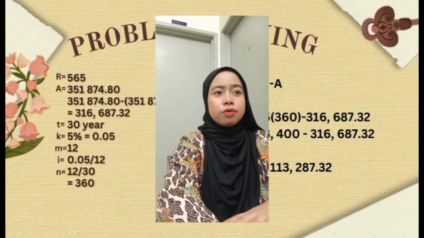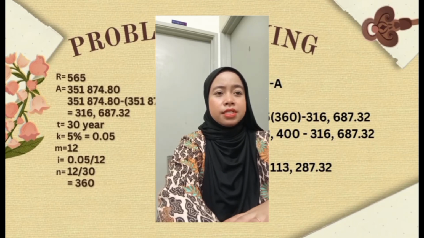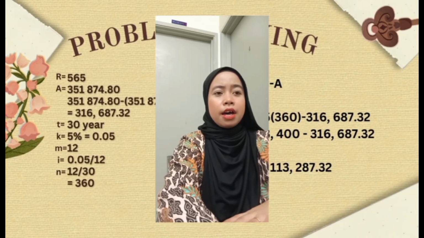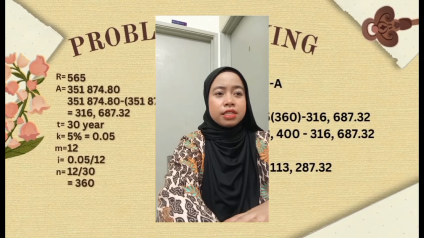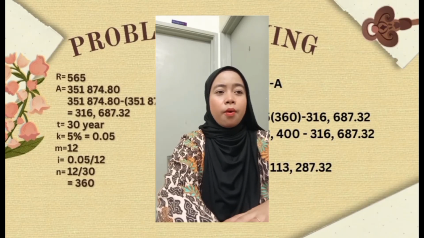So I equals 565 in bracket 360 minus 316,687.32. I equals 203,400 minus 316,687.32. So now we get the answer, which is RM113,287.32.